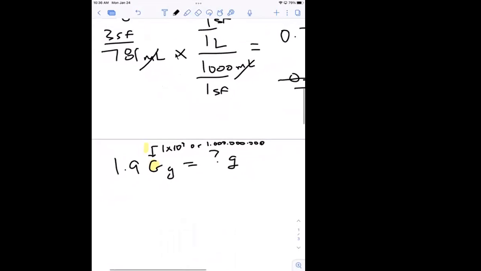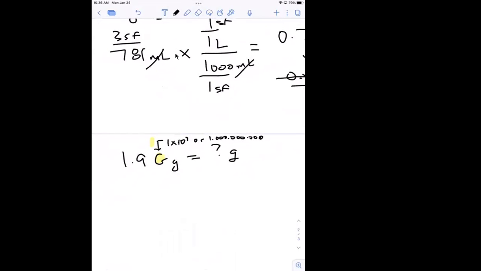Big number to a smaller number, what does that mean? How many grams is that going to be? The number is going to increase, right? Because you're going from a larger unit to a smaller unit. So you can say 1.9 gigagrams times what?